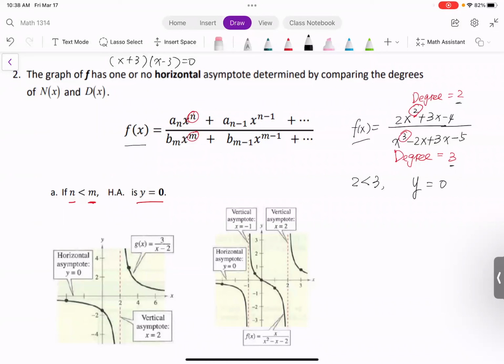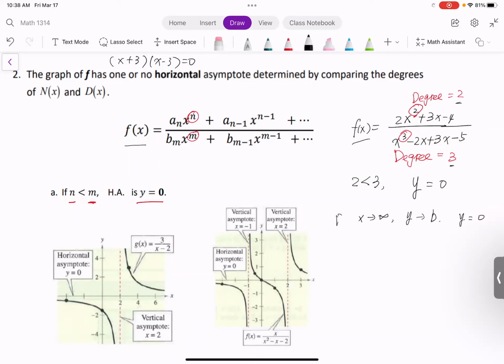We have also learned the definition of horizontal asymptotes. So x approaches positive infinity or negative infinity, the y's value approaches b. So y equals b is the horizontal asymptote.